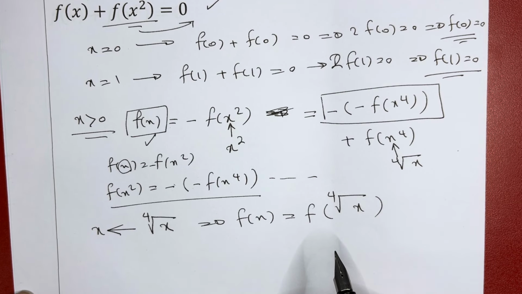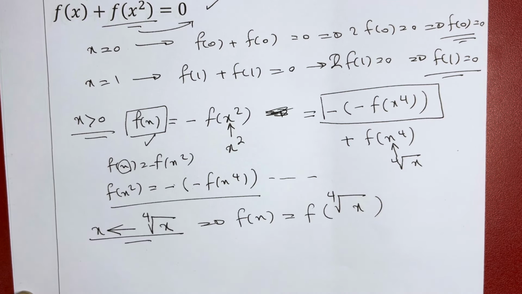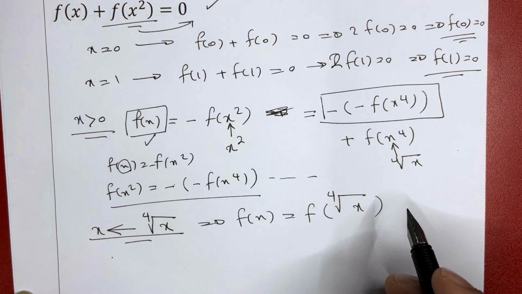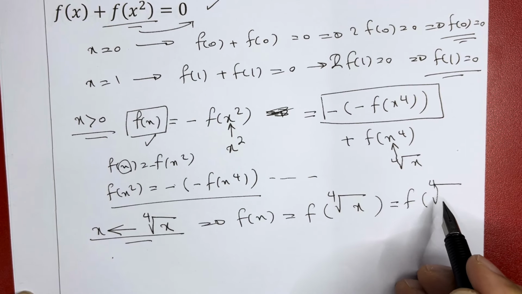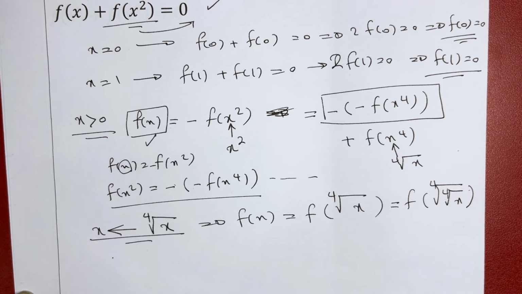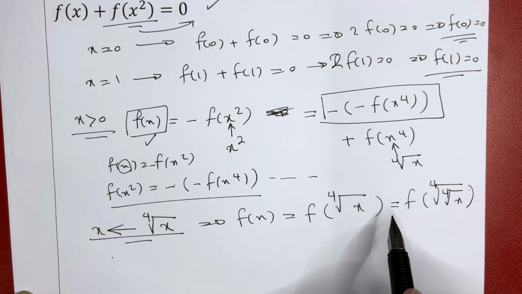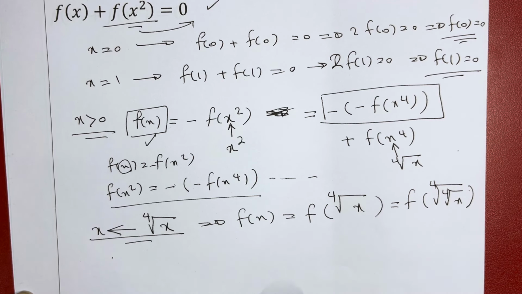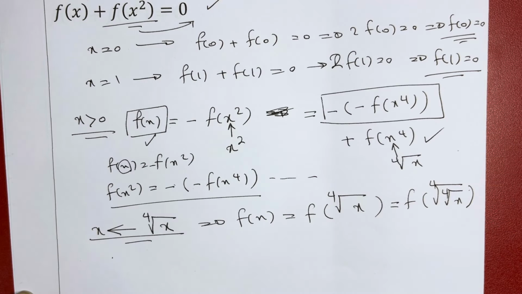Now what happens next? If, instead of x, again I put the fourth root of x, then we will have f of the fourth root of x. It's possible, right? So any fourth root you can put is going to be the same, based on this calculation.